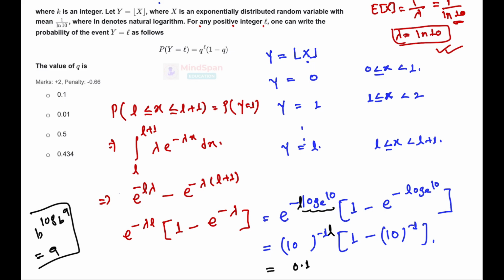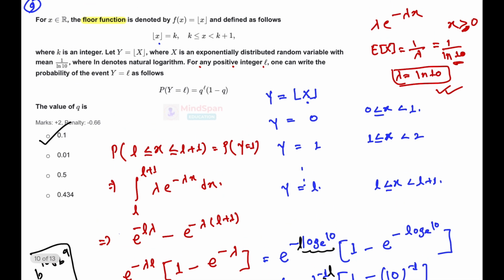So l will be here, so here 0.1, so due to this minus 1 it will be 0.1 to the power l times 1 minus 0.1, right? So you see we have got this same form as in the question. So what will be the q value? The value of q will be 0.1, right? So 0.1 to the power l minus 1 times 1 minus q, so here q will be 0.1.